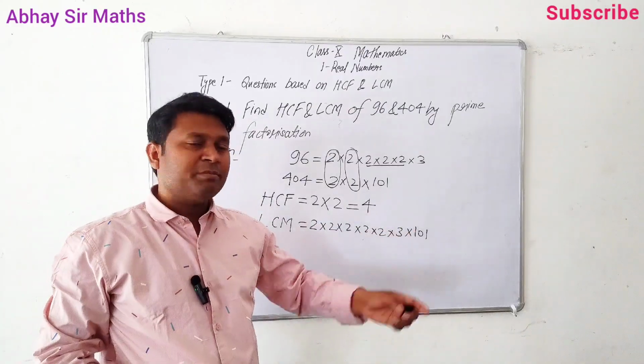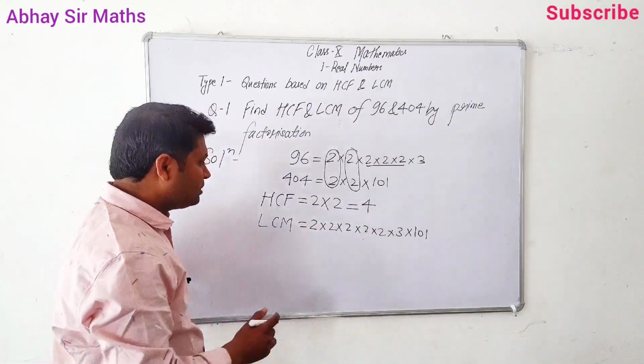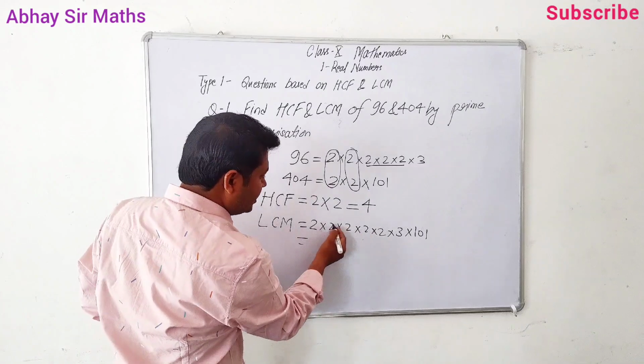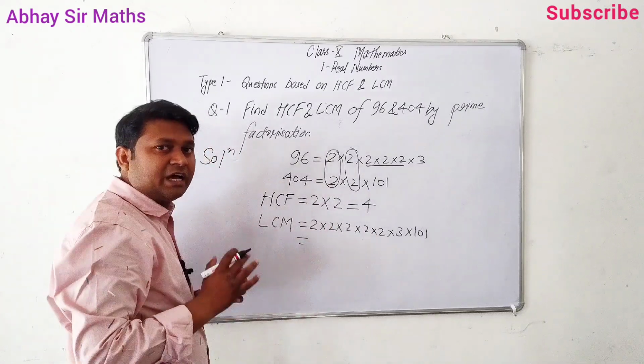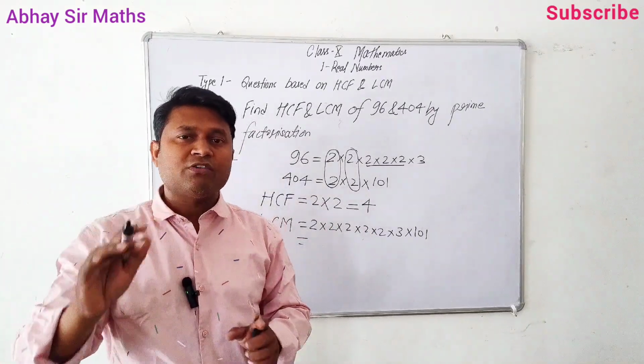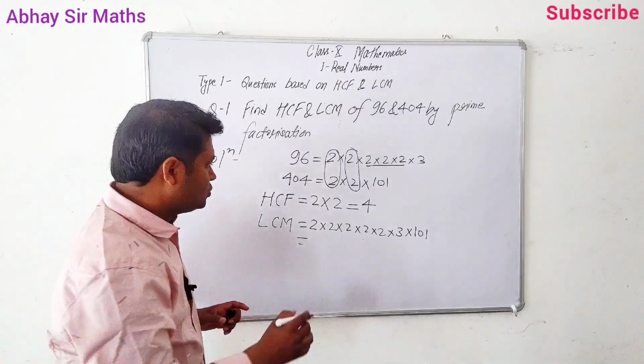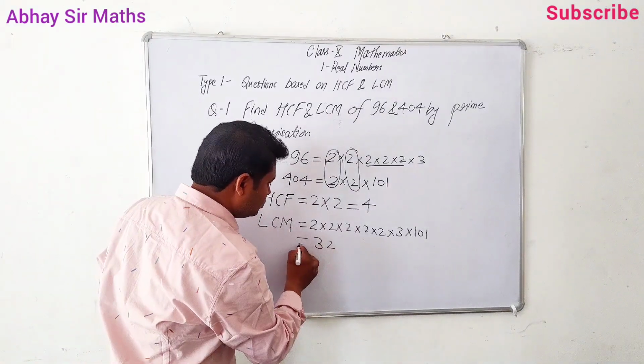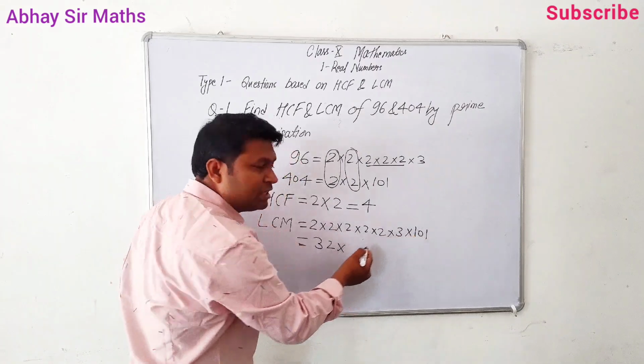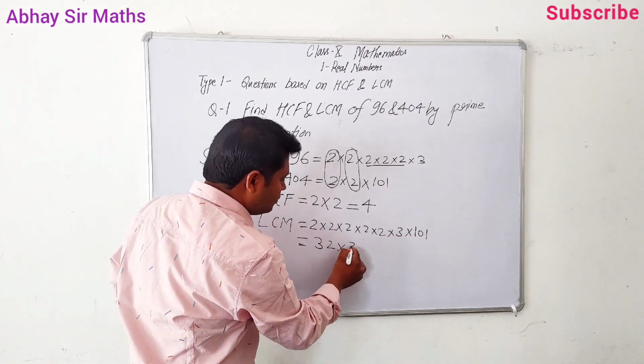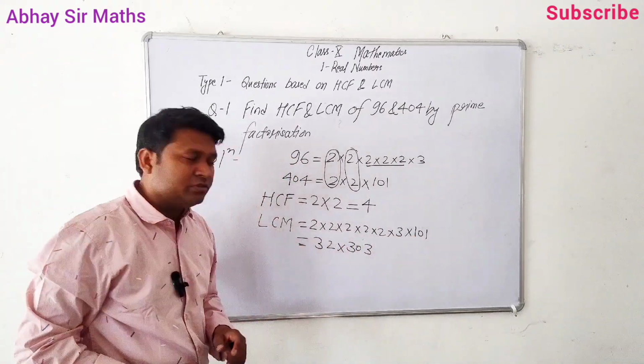So we need to multiply now. And how to multiply, children? How many times do we have 2? 5 times. Now 2 to the power 5 means 32. So we will write here 32 multiplied by 3 multiplied by 101, which gives 303.